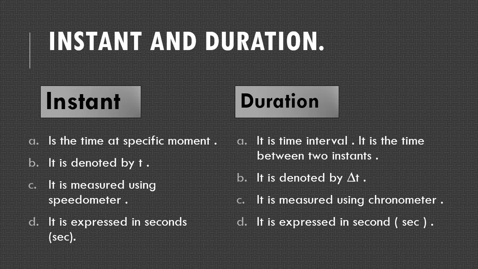It starts at 8 a.m. It ends at 8:55 a.m. So I give you two instants, two specific moments, and the duration here is delta t, which is t2 minus t1. So it takes 55 minutes, and this is called duration.